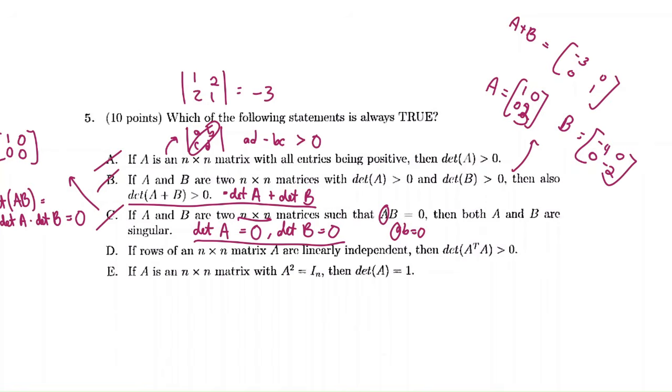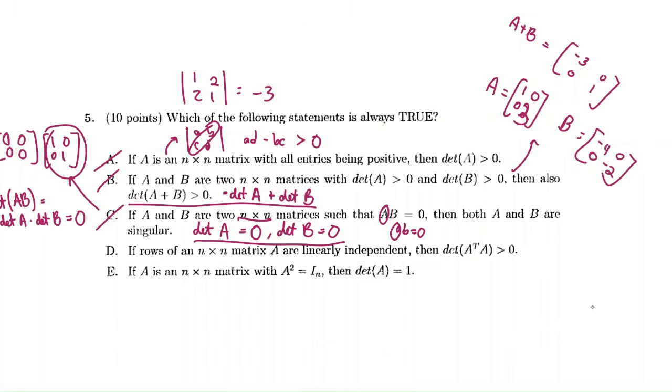So AB needs to be 0, okay. Well, okay, then you can just have a matrix that's 0, 0, 0, 0 times 1, 0, 0, 1, or something random here, it doesn't really matter. But in this case, you can see that you can have an invertible matrix here where the determinant is not equal to 0 and still get AB equals 0. So again, this statement is false.